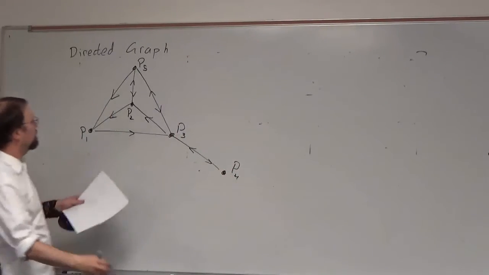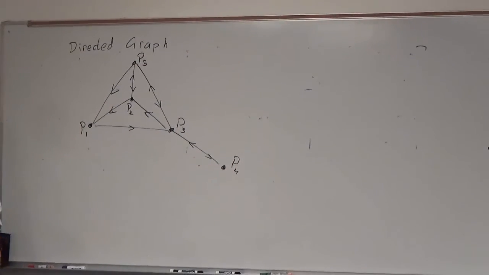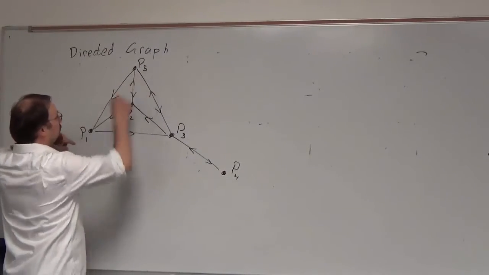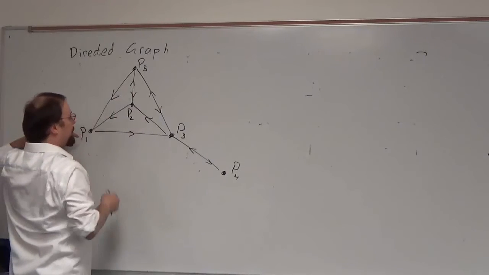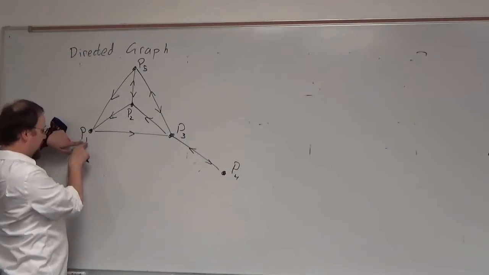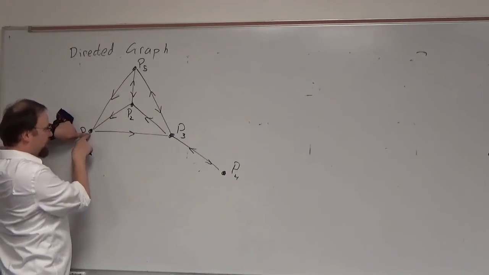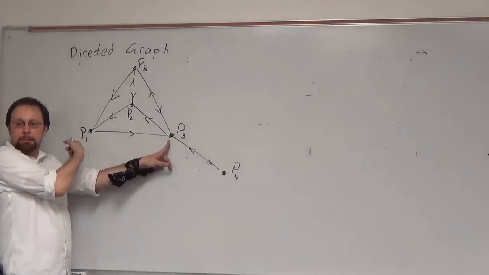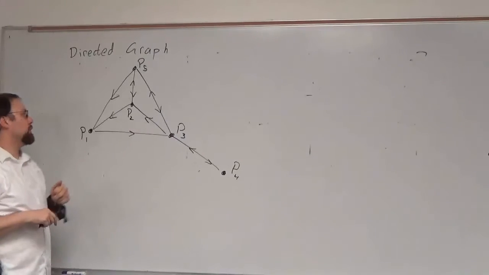P for point. Okay. So you see that we have 5 vertices, and some of these are connected by edges and they're directed. So I can see that if I'm at P1, I can move to P3, but I can't go backwards in one step, because it's one direction.